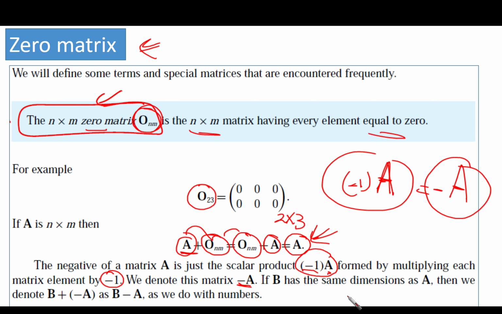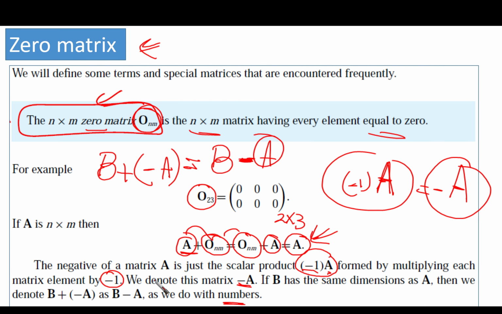If B has the same dimensions as A, then we denote B plus minus A as B minus A, as we do with numbers. So it is the same. If we say B plus the negative of A, this means B being subtracted by A. That's the meaning here. It's pretty simple, I know, and you understand this very well.